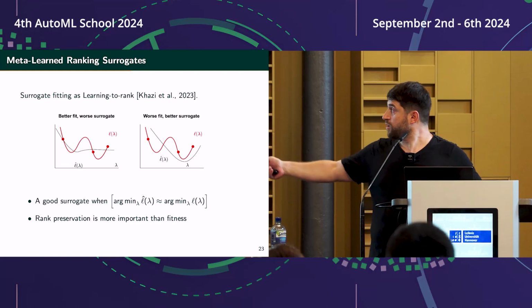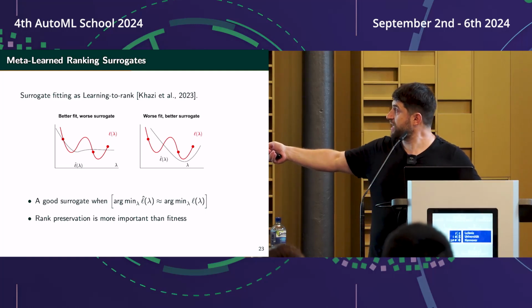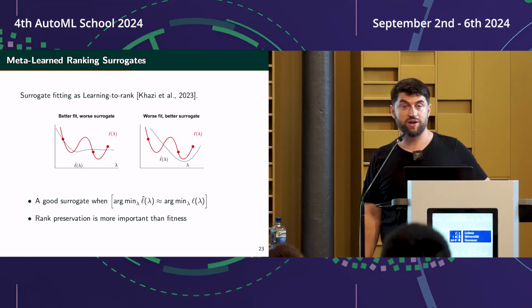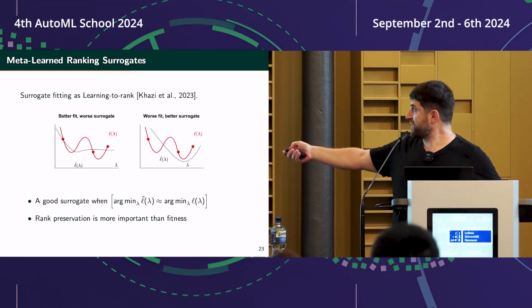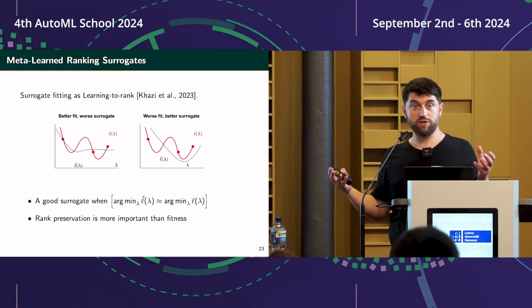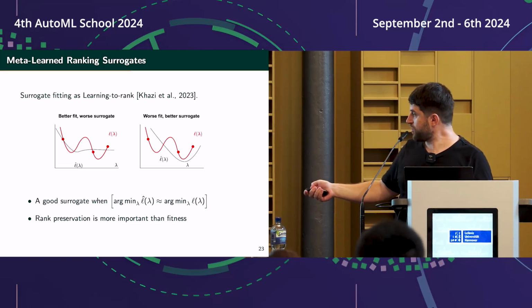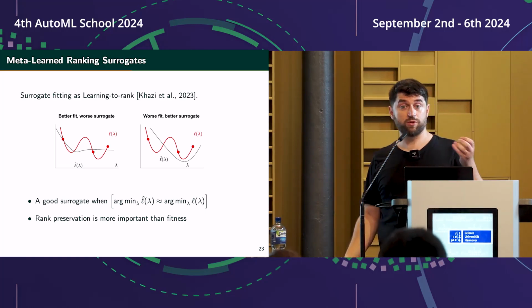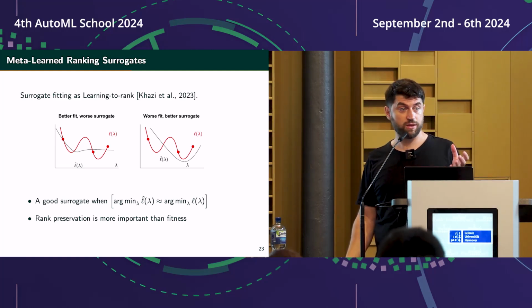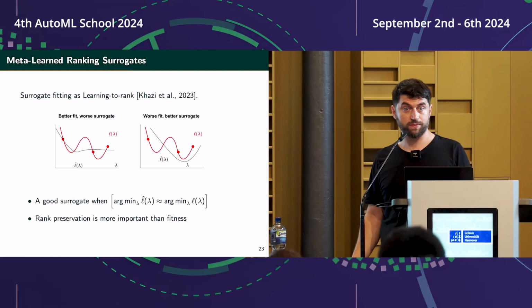Yet, would you select this as your surrogate, as your performance predictor, or would you select the right-hand side? You'd select this one because in hyperparameter optimization, what we care about is that the minimum of the surrogate is the same as the minimum of the black box function. In fact, we don't even care that they are close. We just care that the minima match.